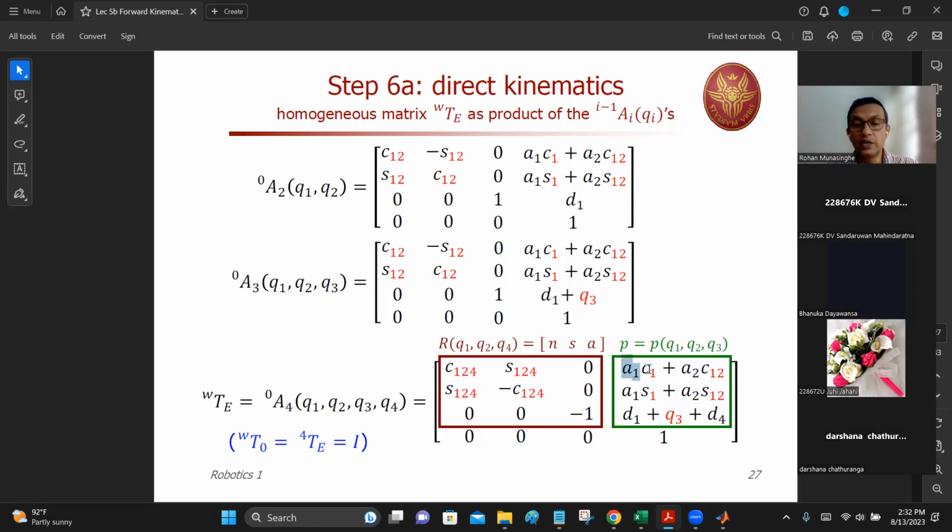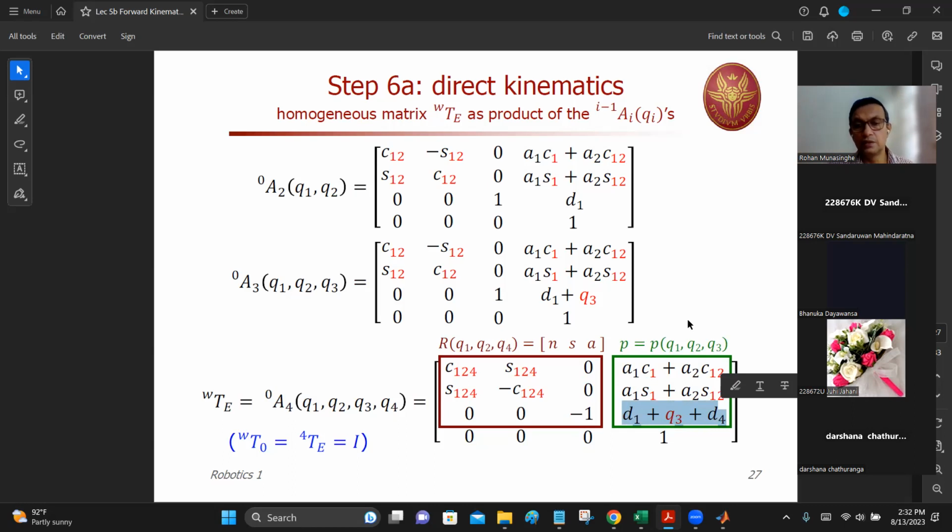The element over here is the x coordinate, and this one is the y coordinate, and this one is the z coordinate, of the frame 4 origin, the tool center point, with respect to the base.